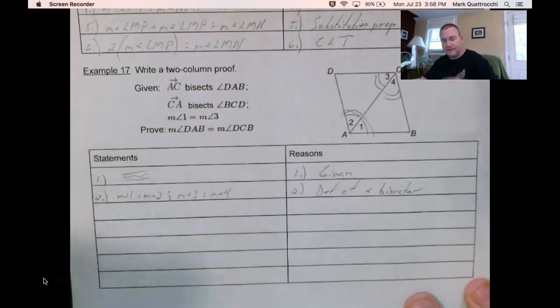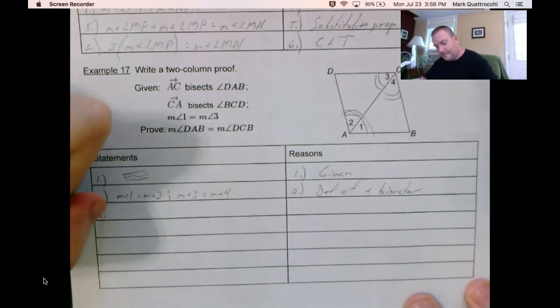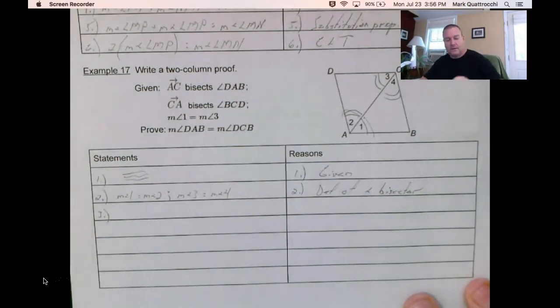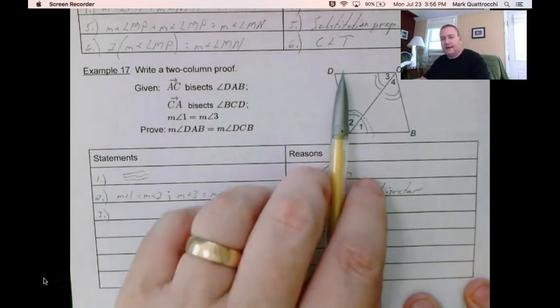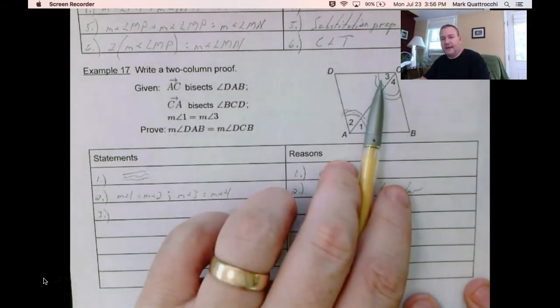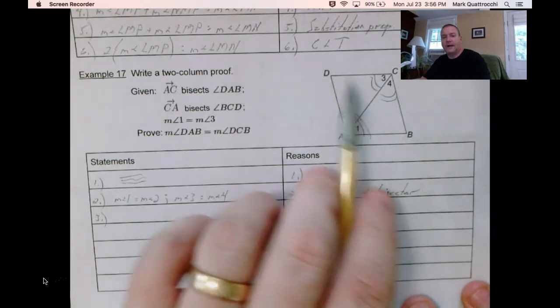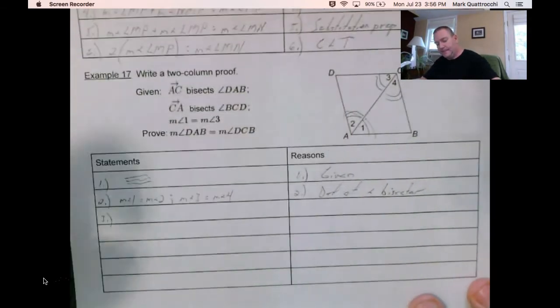So, statement 3. If I add angle 1 and angle 2, I get angle DAB. If I add angles 3 and 4, I get angle DCB.